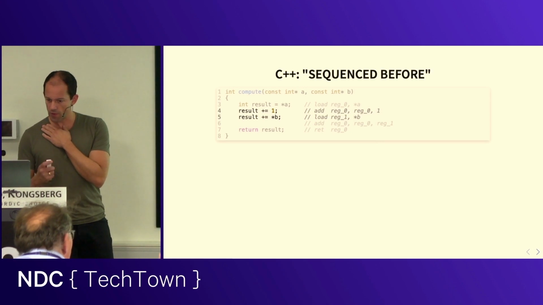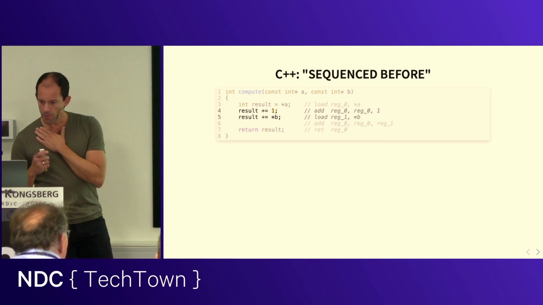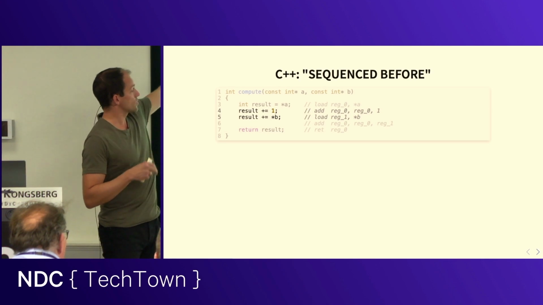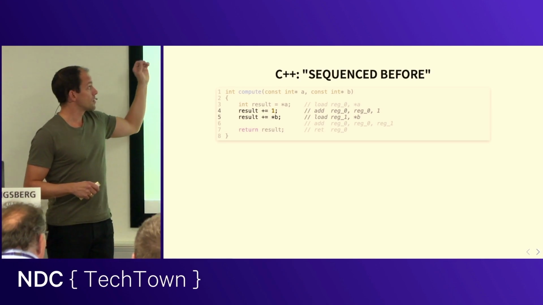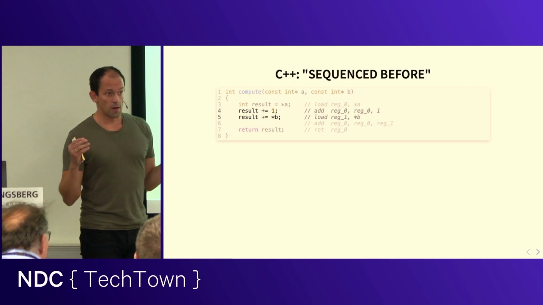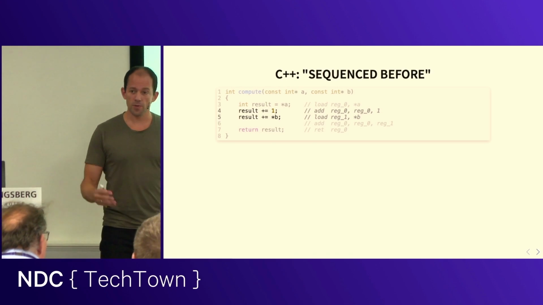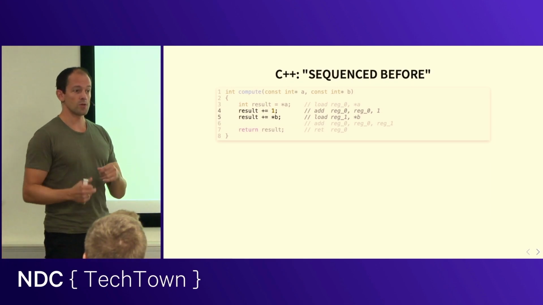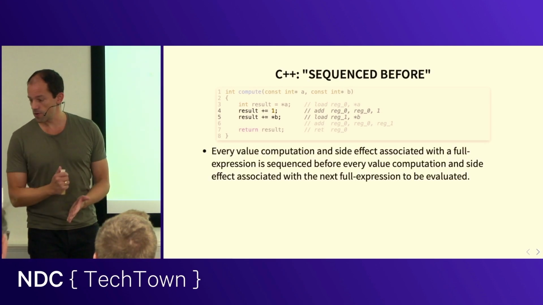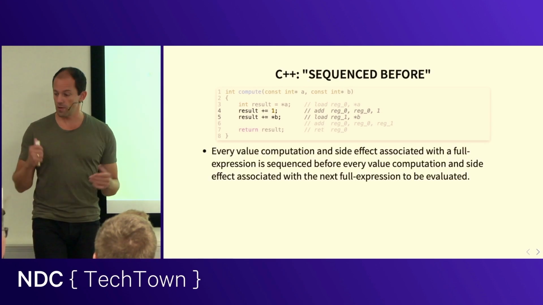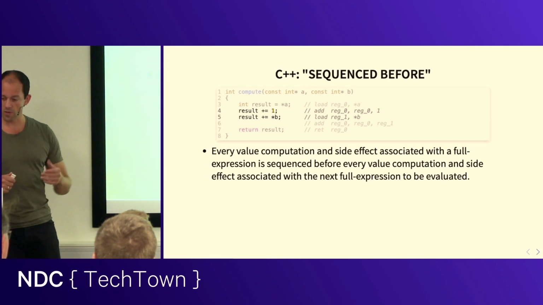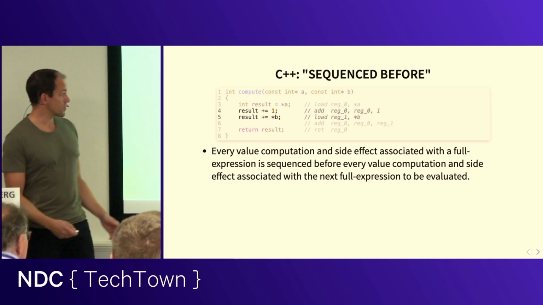Yeah, so we have these two lines, and the thing that says what the order should be here is the concept of sequenced before in C++. Very many things that you do in C++ are supposed to be sequenced before another thing. For instance, it says that every value computation and side effect associated with a full expression is sequenced before every value computation and side effect associated with the next full expression to be evaluated.